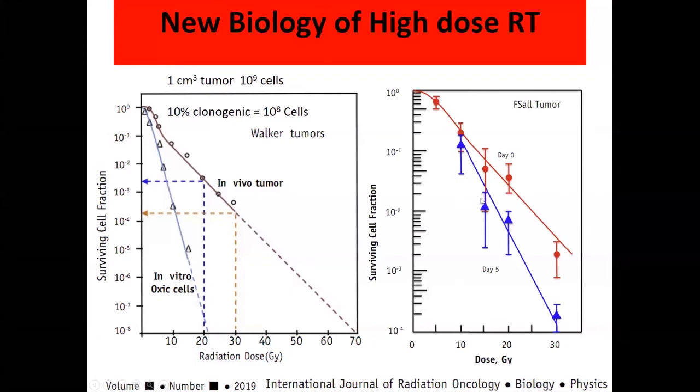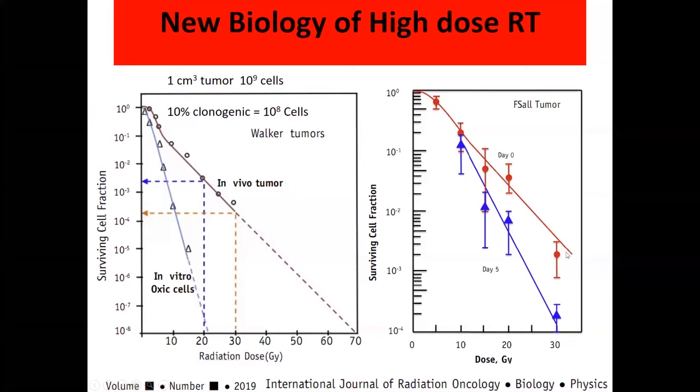Here, the authors treated the mouse tumor with increasing doses of radiation and generated the cell survival curve on day 0, on the same day when radiation was delivered, and after 5 days. When the cell survival curve was generated on the same day, it was something like this.